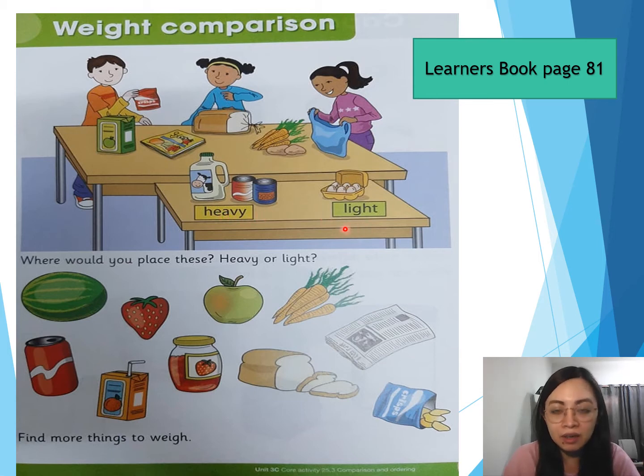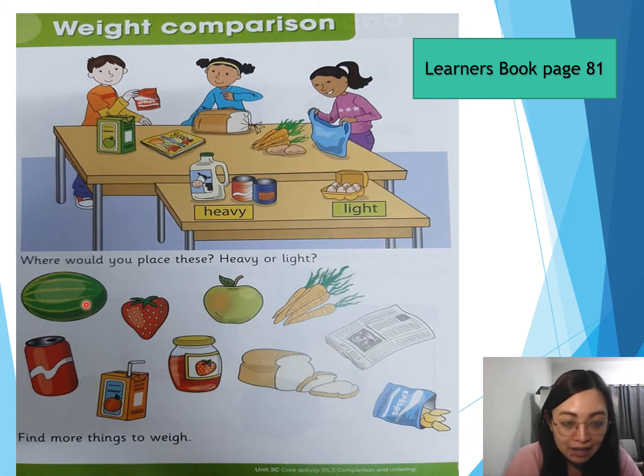While on the other side of the table, you can find the light objects or light food. So we are comparing things according to their weight. Heavy, light.